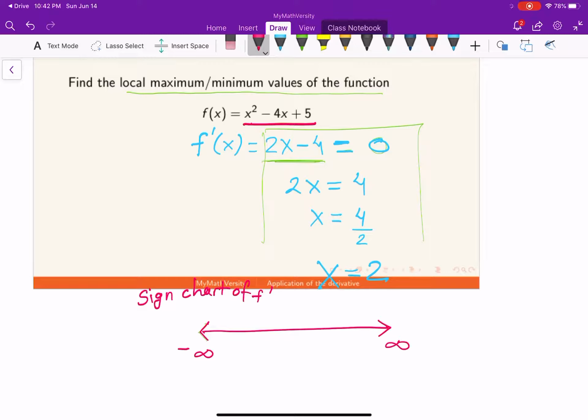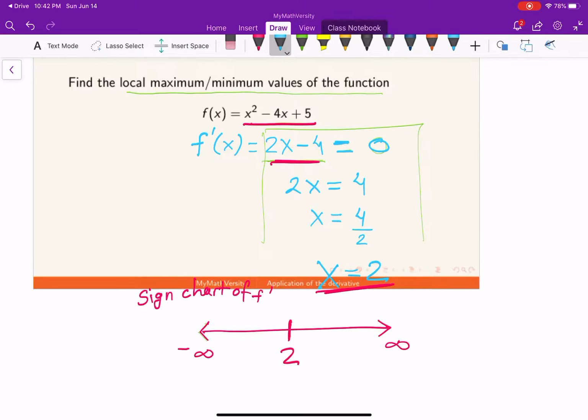Then see where f does not exist. If this is the domain, then f exists everywhere, right? And see where f prime does not exist. There is no number like that, as we checked earlier. But at x equal to 2 the derivative is 0, so we can use that number to partition the domain of the function. So let's write that down.